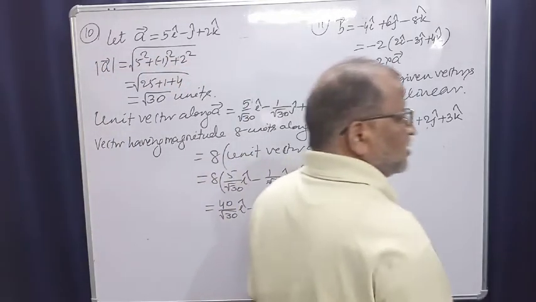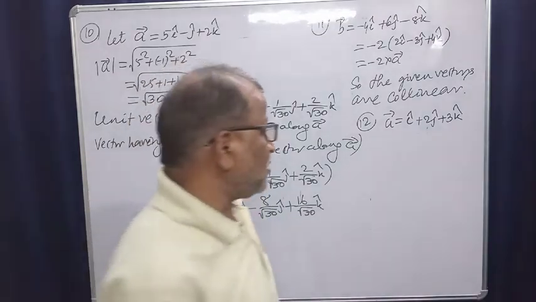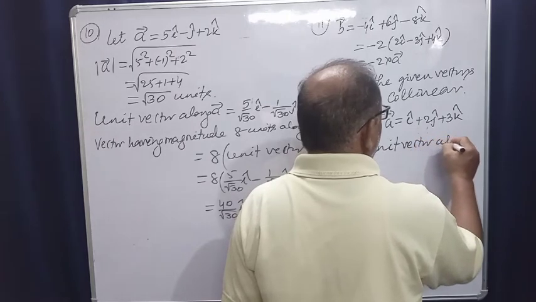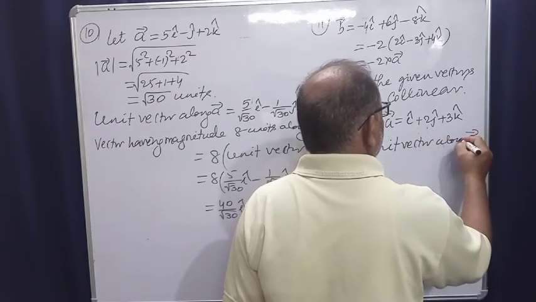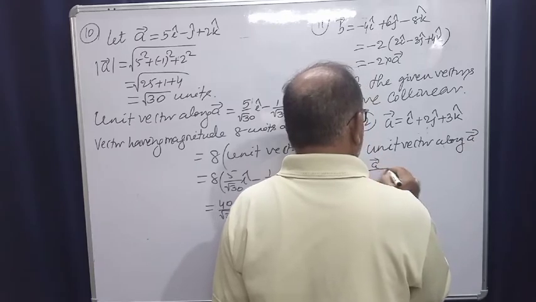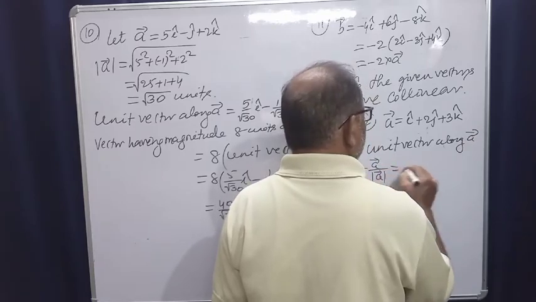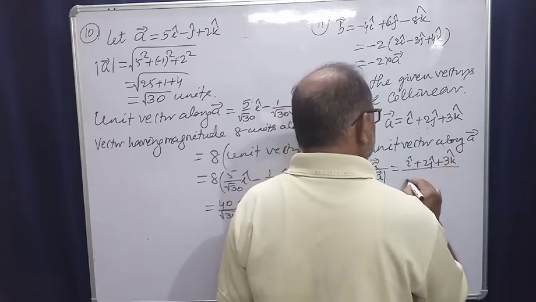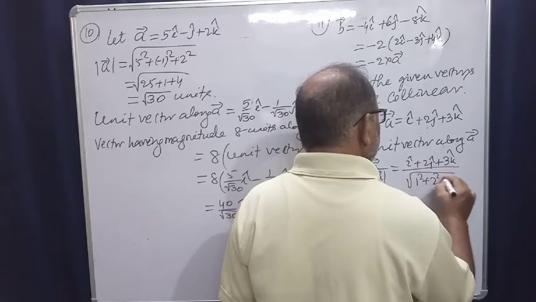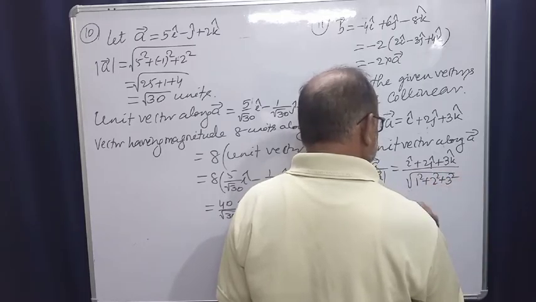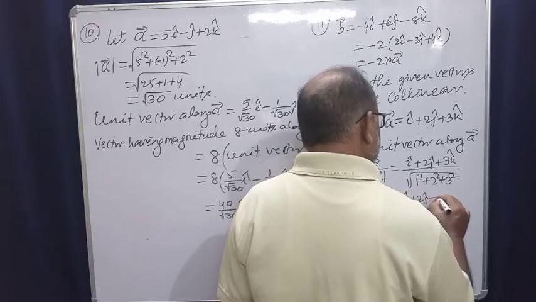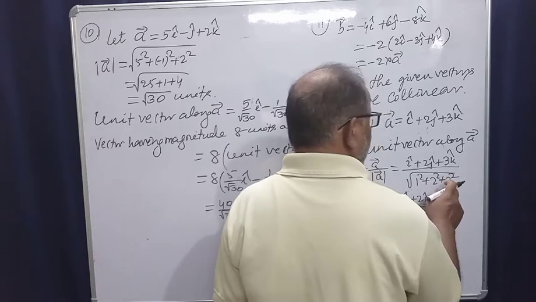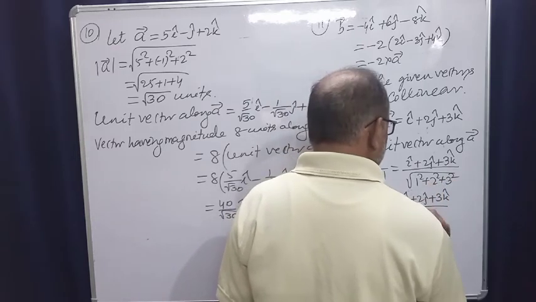So what we have to do? First find out the unit vector along A. This is A by magnitude of A. That is i cap plus 2 j cap plus 3 k cap divided by square root of 1 square plus 2 square plus 3 square, that is i cap plus 2 j cap plus 3 k cap by square root of 14.